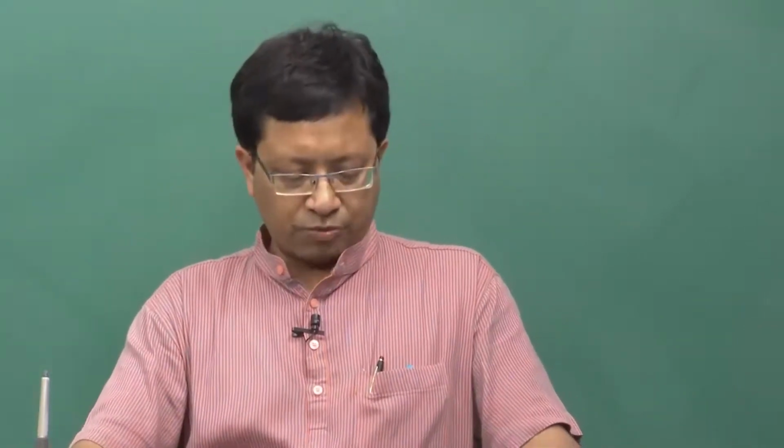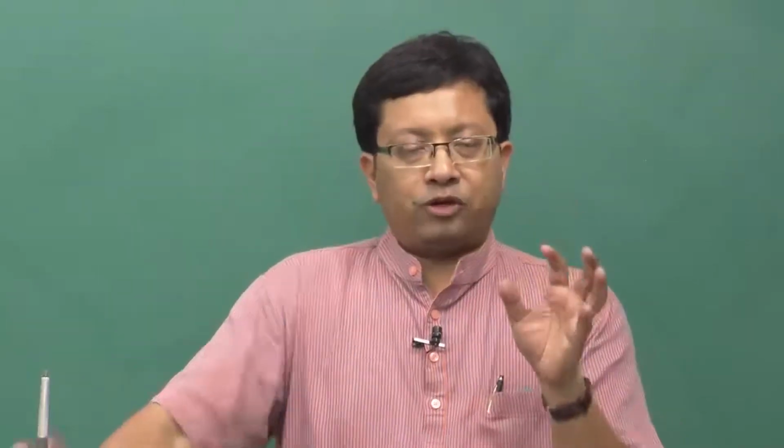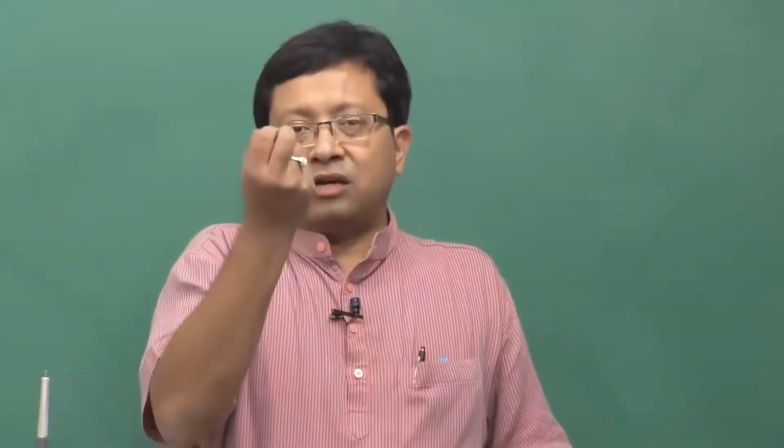If you want to be very sure of what the reasons are, obviously you have to take corrective actions, but for the readings you will remove these points and the limits will be recalculated. If the 15th and the 23rd readings are removed, you will be removing two bunches, and each such set of observations has its own observation numbers, so you have to remove those also.